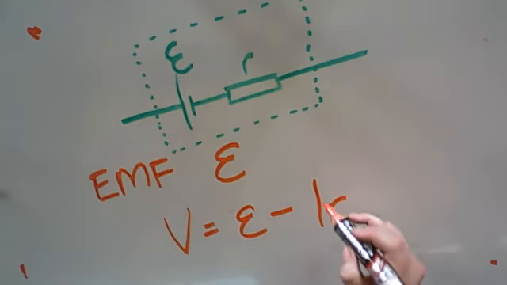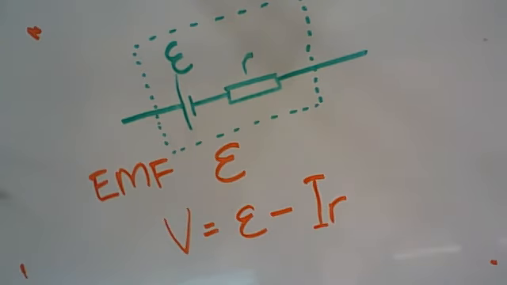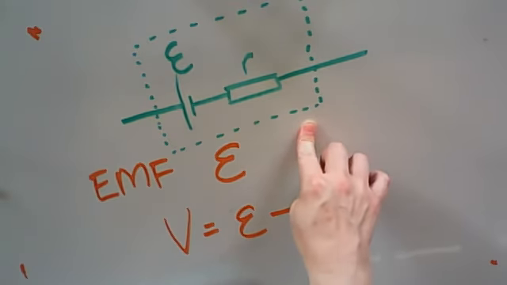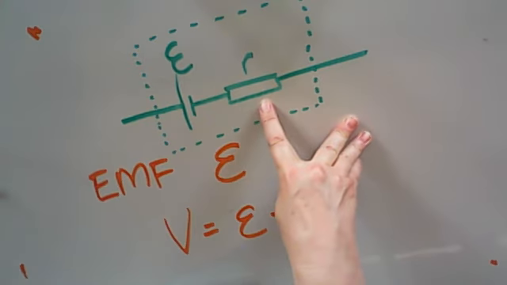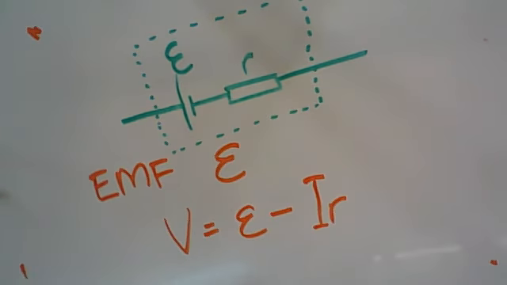Sometimes we're looking for little r, sometimes we're looking for the EMF. There's various things that we can do with this concept, but the really important one for you to get right now is that inside any power supply, there's a small amount of internal resistance. How big it is depends on the type of battery or the type of power supply it is.